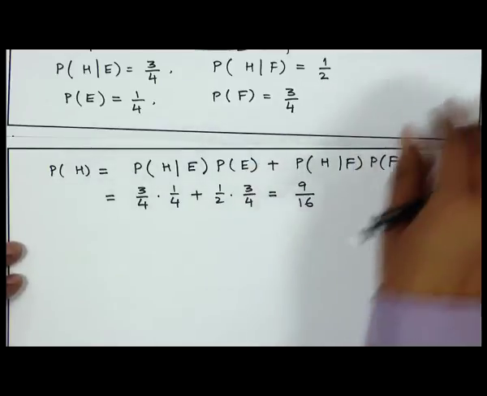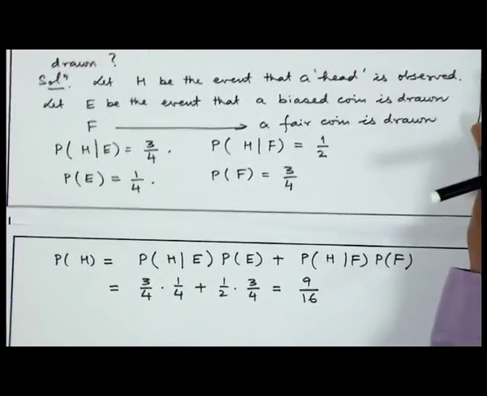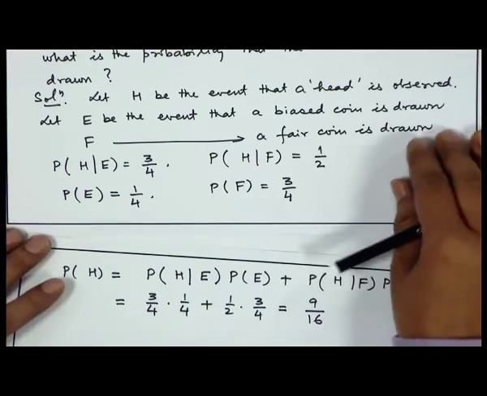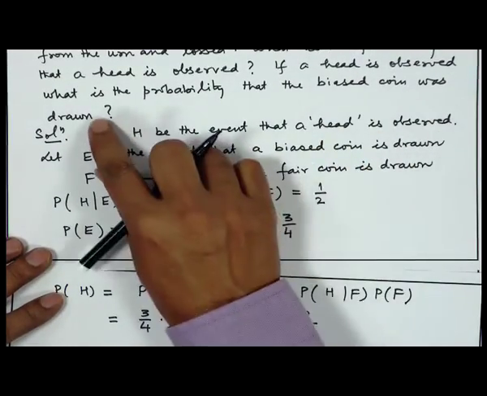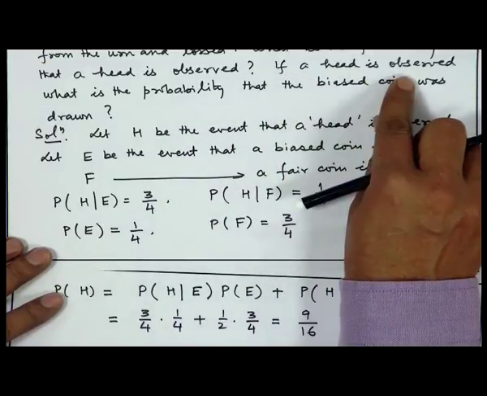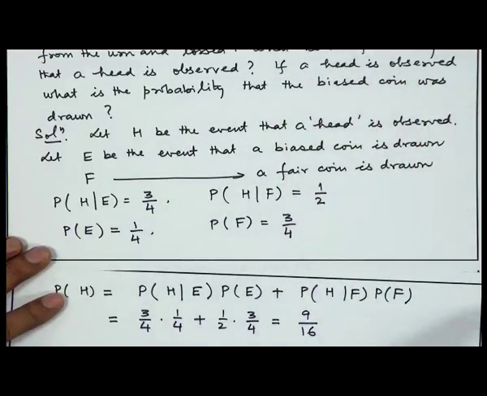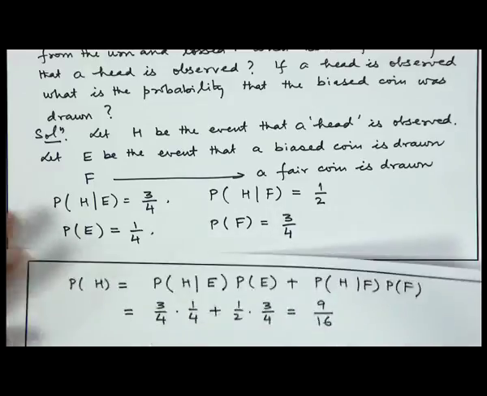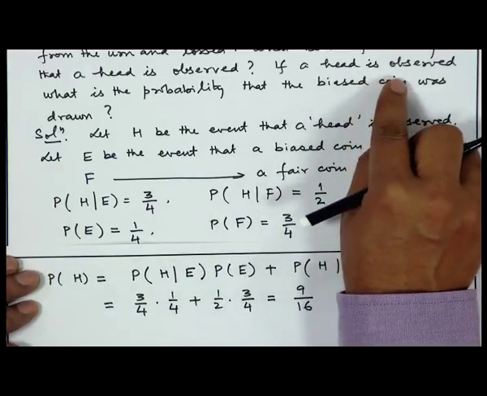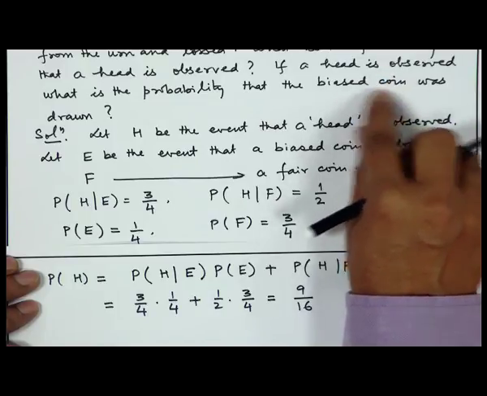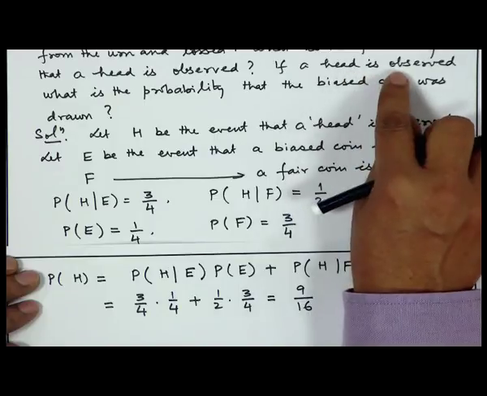Let us look at the second part of the problem. The second part of the problem was, what is the probability that the biased coin was drawn if a head is observed? That means, it is the reverse, because we are asking the probability of the event which appeared first. So, because coin is drawn first. So, we now know the final outcome.